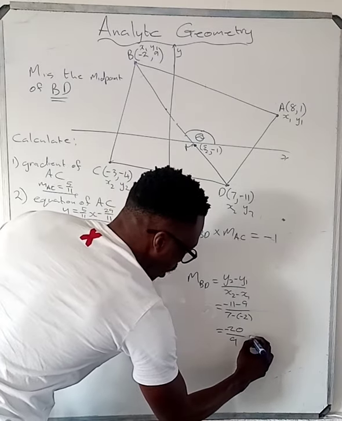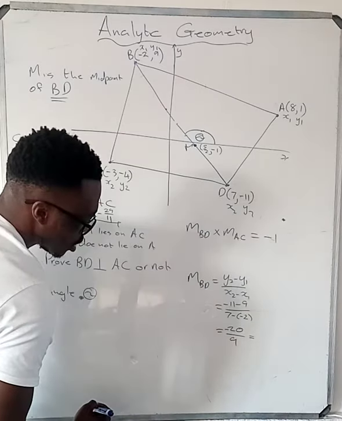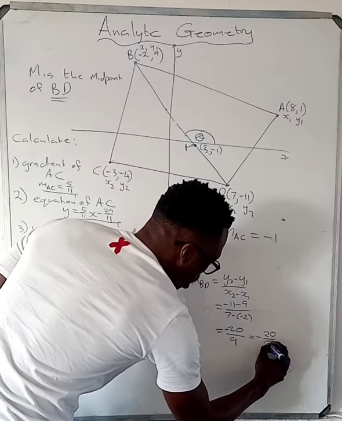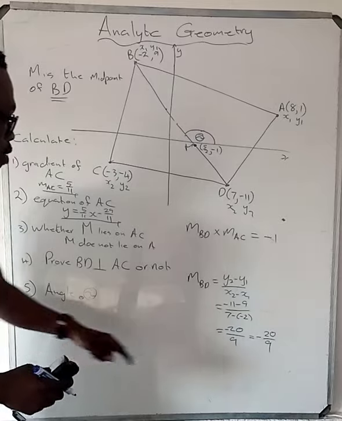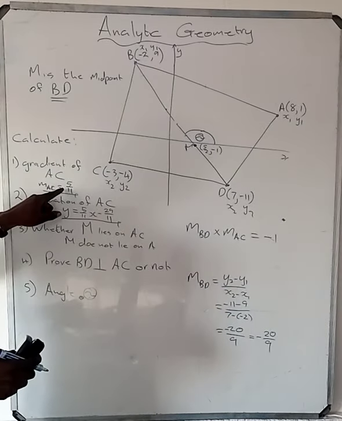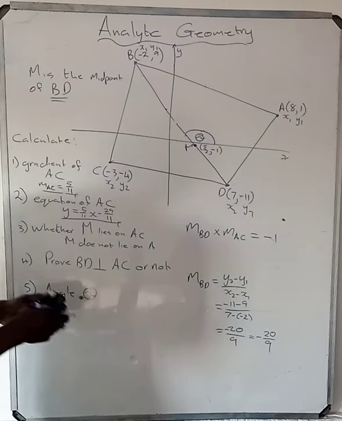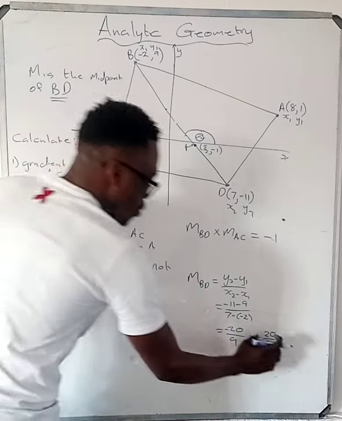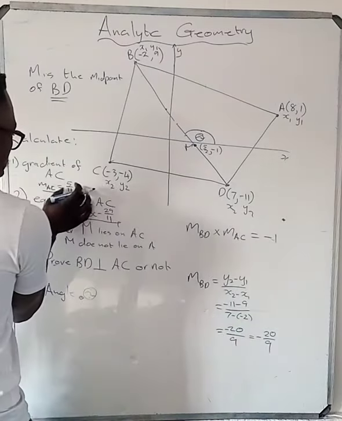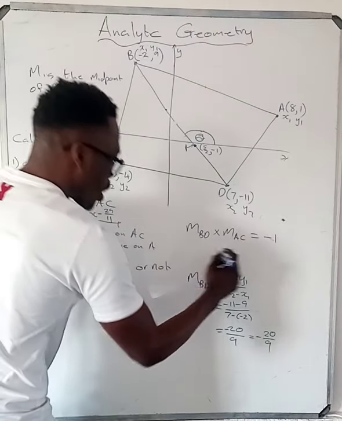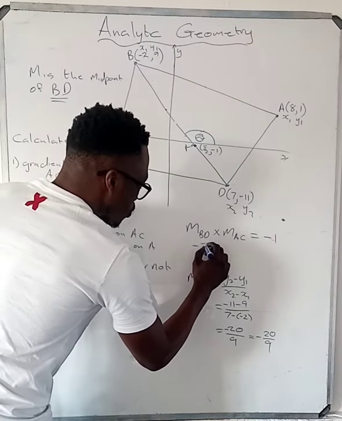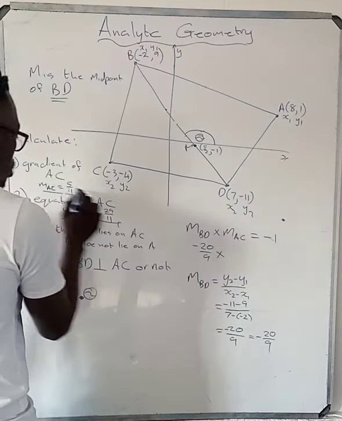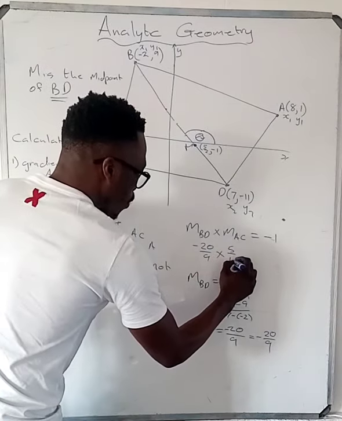Now we multiply negative 20 over 9 times the gradient of AC, which is 5 over 11.